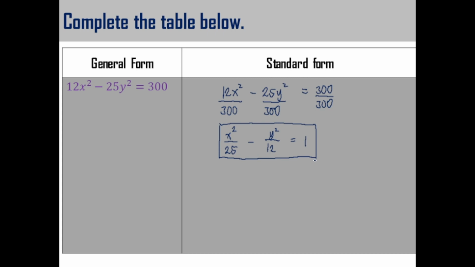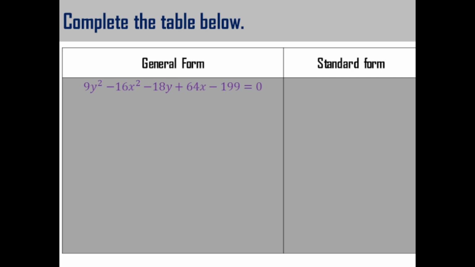Next equation. Okay, from general form again, transform that to standard form. 9y squared minus 16x squared minus 18y plus 64x minus 199 equals 0. Okay. So this time, ang una natin gagawin ay i-arrange natin itong ating equation according sa kanyang variable.